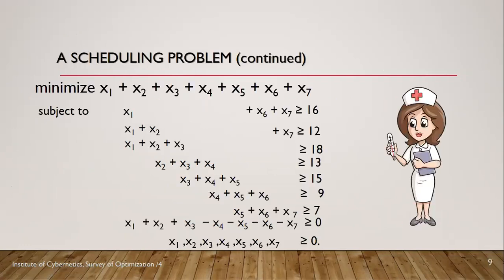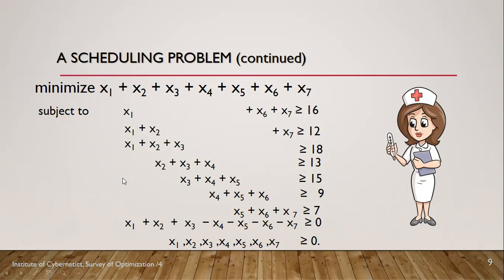So the final model looks like this. The first line reflects the objective function, and remember that we need to minimize the total number of nurses employed. Then this group of constraints reflects the weekday requirements of nurses working on a specific day of the week.